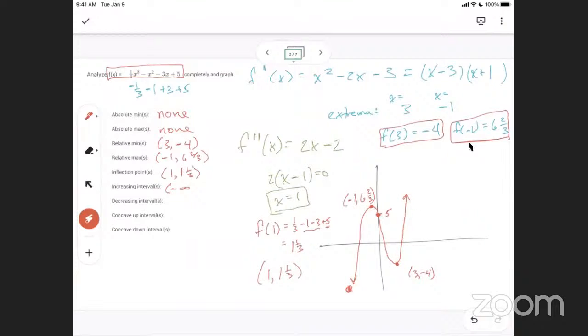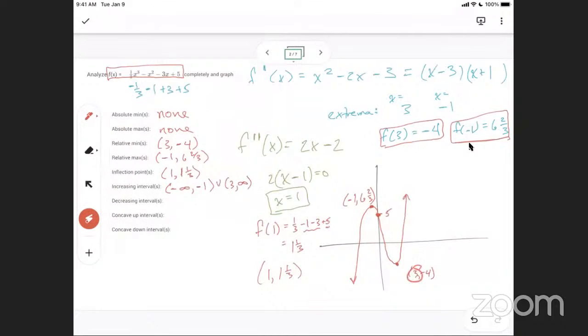So the increasing is from -infinity to, and remember, you're doing this in terms of x. So what's the x coordinate? -1. Union, so use the union symbol, from 3 to infinity, because remember, we're using the x coordinates.